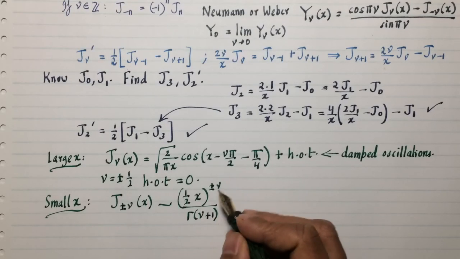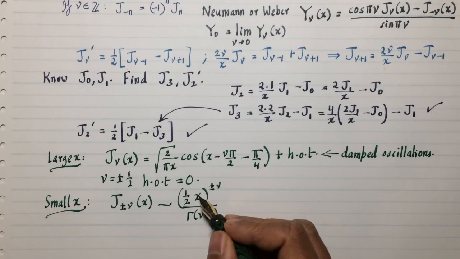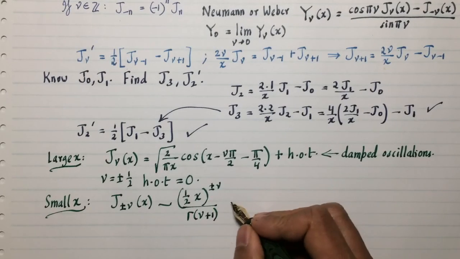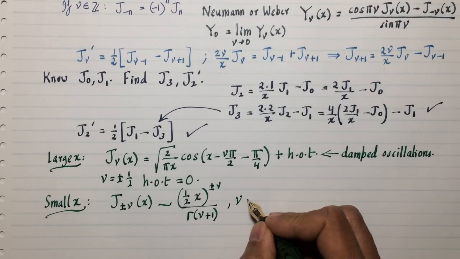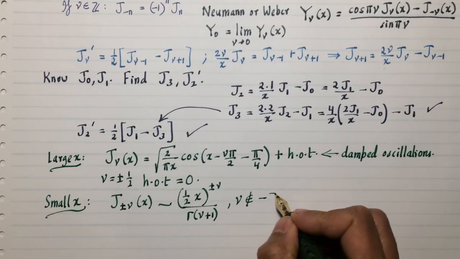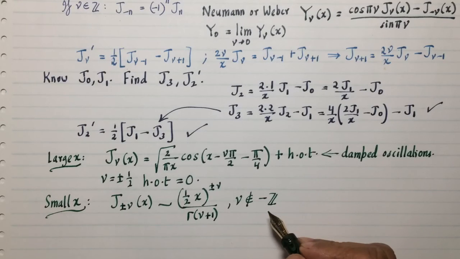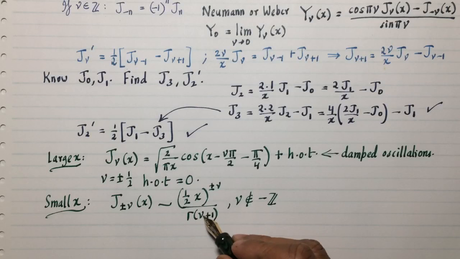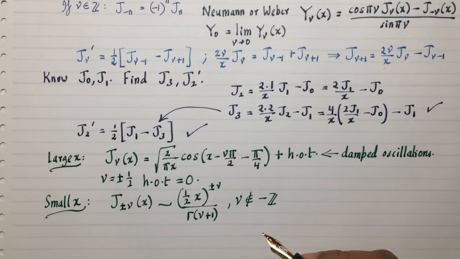So what it tells us is some power of x. So it's going to be some power function, and that's as long as nu does not belong to the negative integers. The reason for that caveat is when nu belongs to the negative integers, gamma functions can blow up, and they sometimes do. So you have to be careful not to have negative integer values.